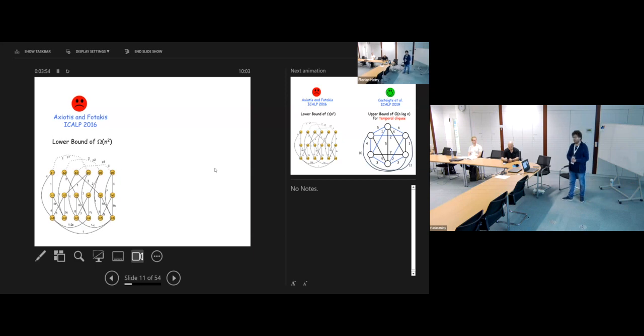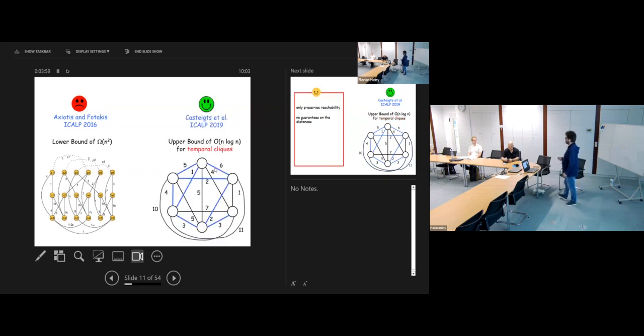But if your temporal graph is actually a clique, then we have good news. This is a paper by Casteigts et al., and they prove that any temporal clique admits a sparse spanner of size O(n log n) edges. Okay, this is our starting point.